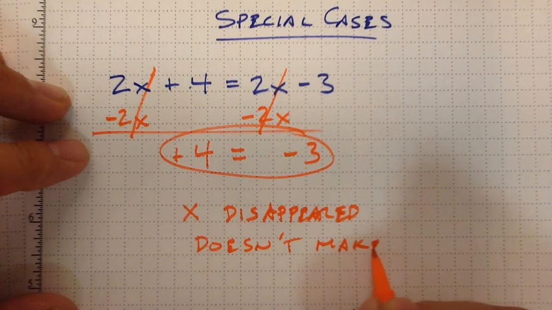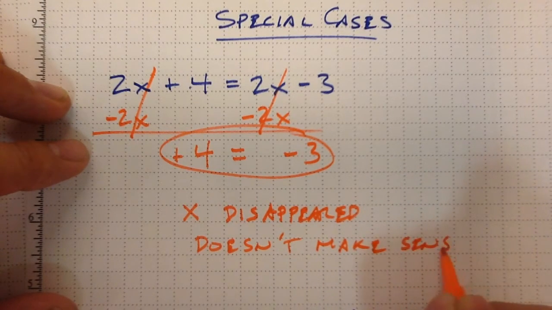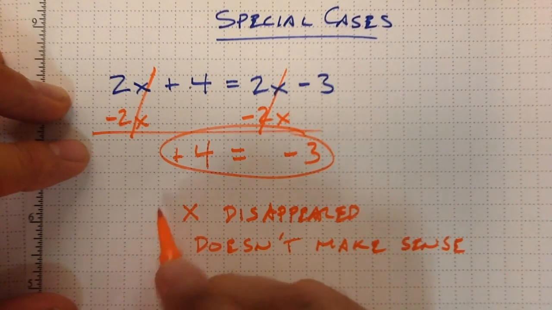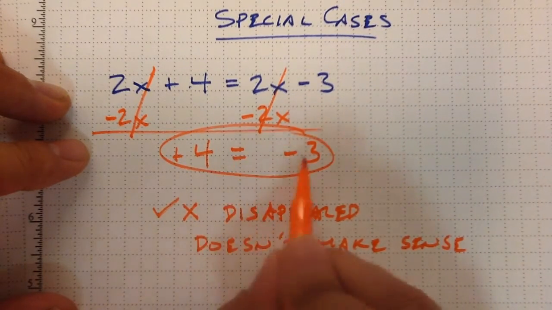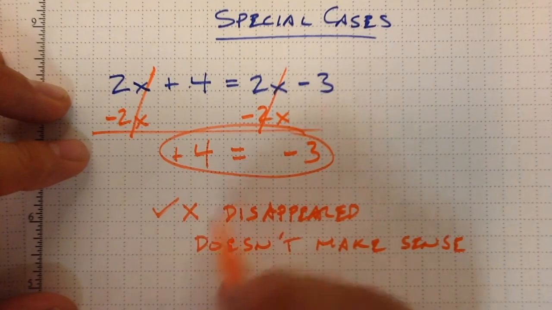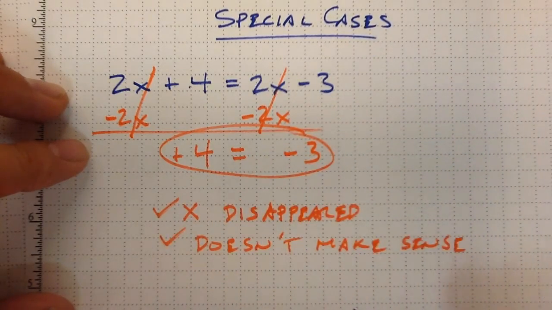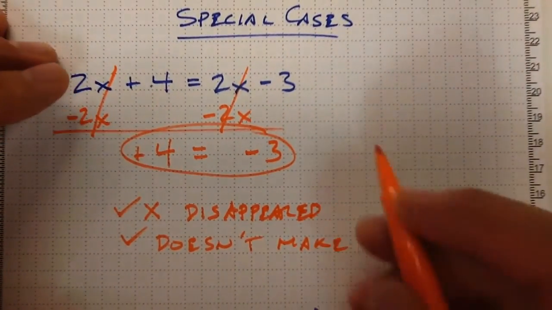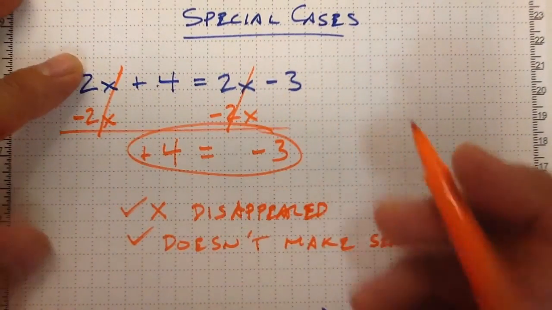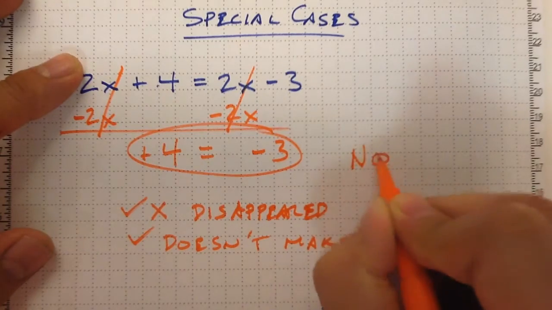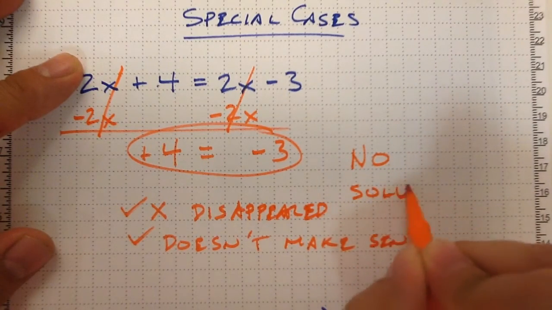And so it's because of those two things that we run into this special case. One, my variable that I was trying to solve for disappeared, and the remaining equation, 4 equals negative 3, isn't even mathematically valid. What this means is that this problem was bogus to begin with, that somebody created an equation that was unsolvable. So what we would write here is no solution.